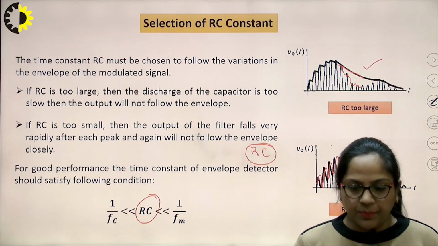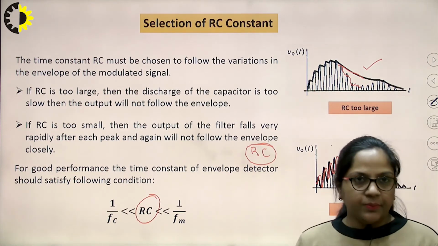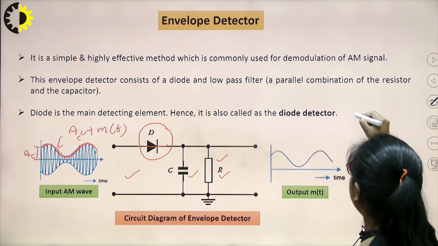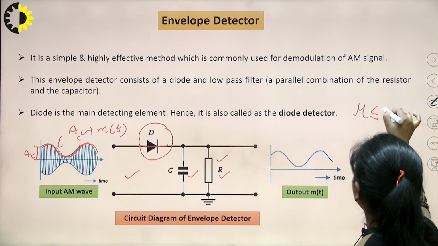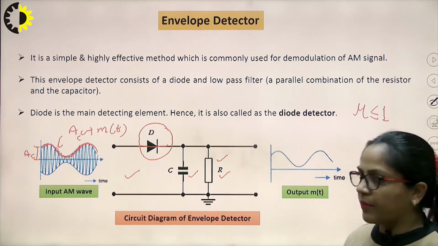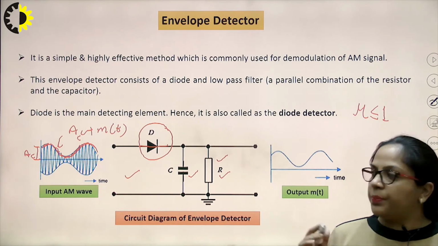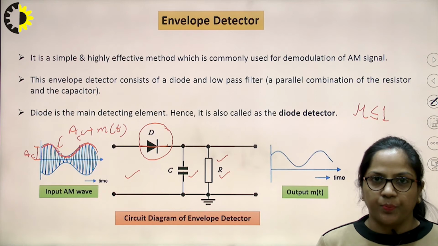Here one more point to be noted, that with the help of this envelope detector we can detect signals having modulation index less than or equal to 1. The envelope detector can extract only the positive portion of the amplitude modulated waveform.